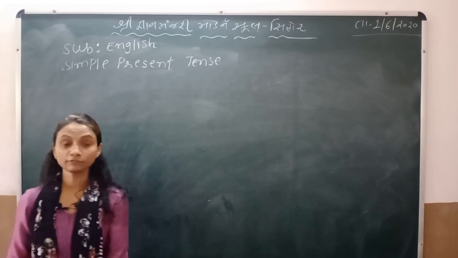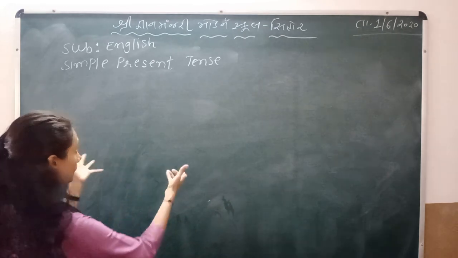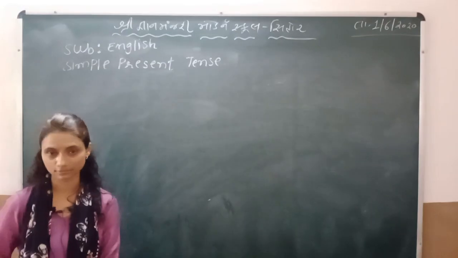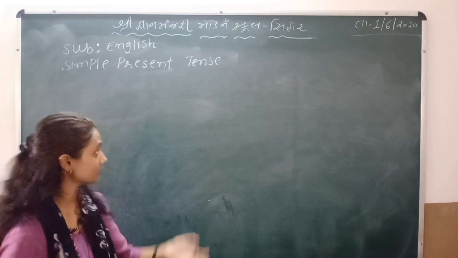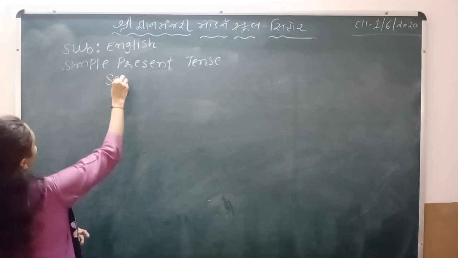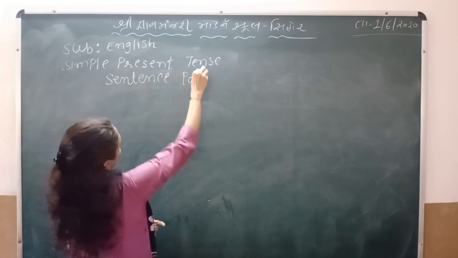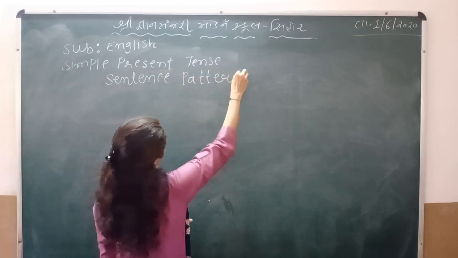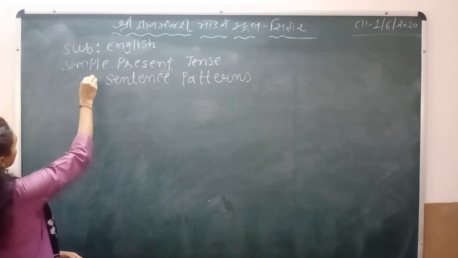So now you must have the doubt: how can we make sentences in simple present tense? So our second thing is sentence pattern. Sentence pattern of the simple present tense.